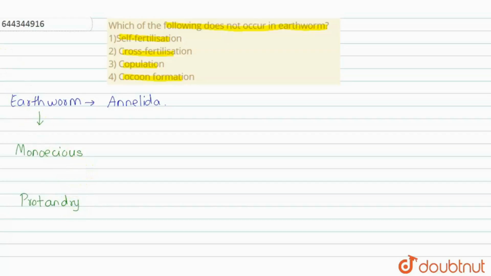Now what does a monoecious organism mean? The word monoecious simply means that the earthworm is a bisexual organism, also known as a hermaphrodite.